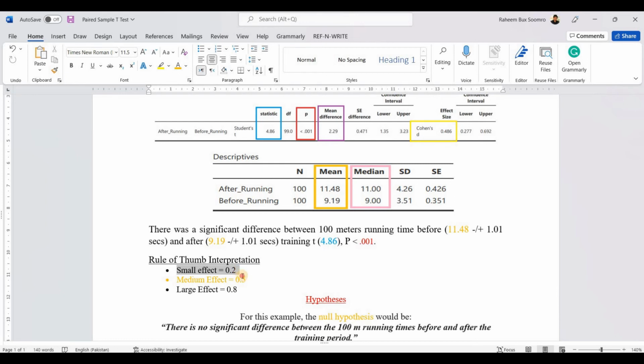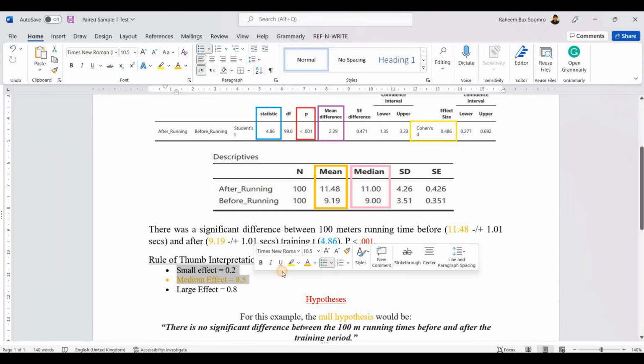If it is 0.2 to 0.5, we can say there is a small effect. If it is from 0.5 to 0.8, we can say there is a medium effect, and if it is higher than 0.8, it is a large effect. So here the effect falls between 0.2 to 0.4, 0.5, which means we can say the effect is a small effect.